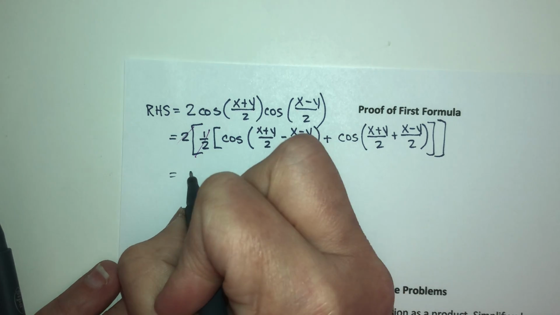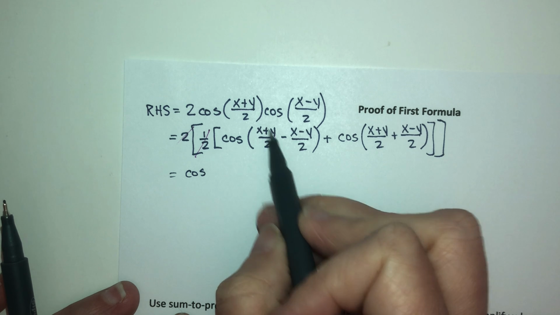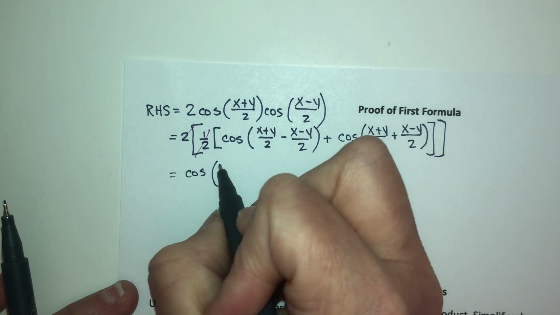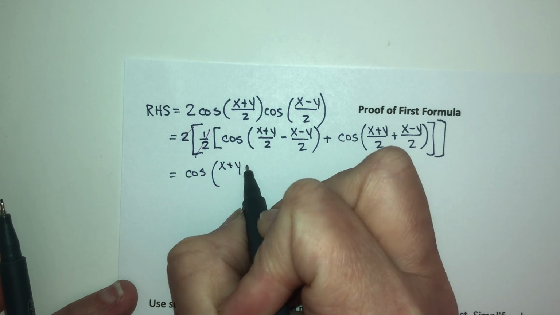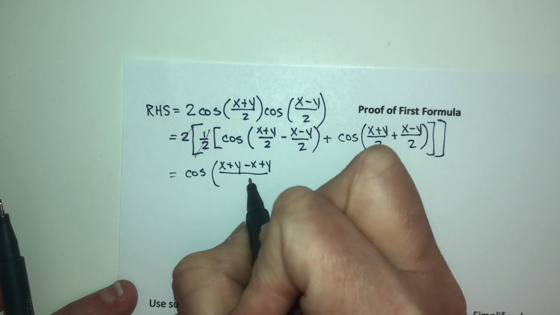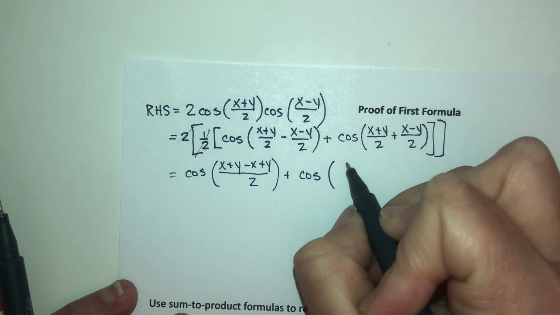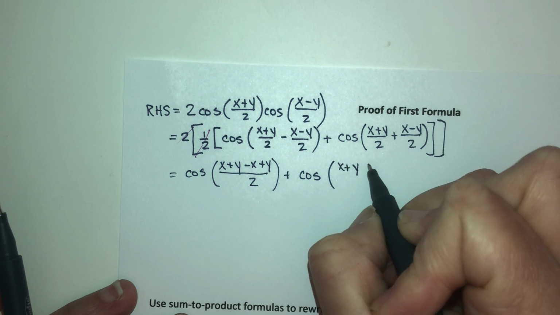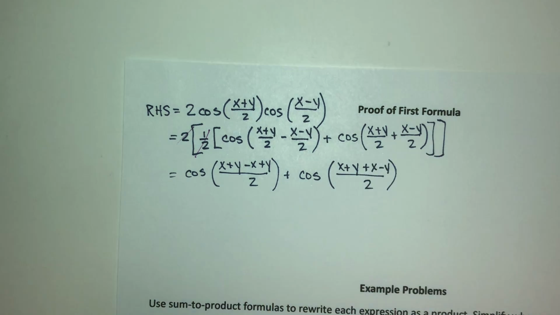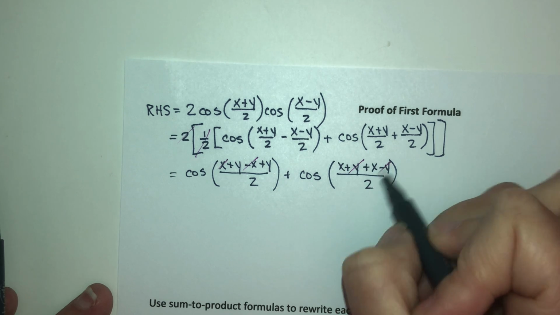So I have cosine of, I have a common denominator here, so I can subtract across the top. I need to distribute the minus sign there. So I have x plus y minus x plus y all over 2 plus cosine of x plus y plus x minus y over 2. X's cancel here, y's cancel here.